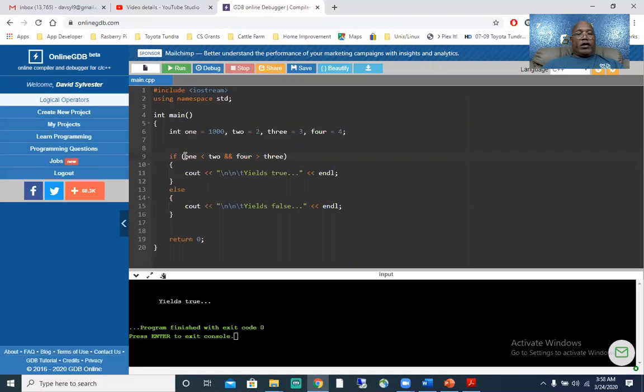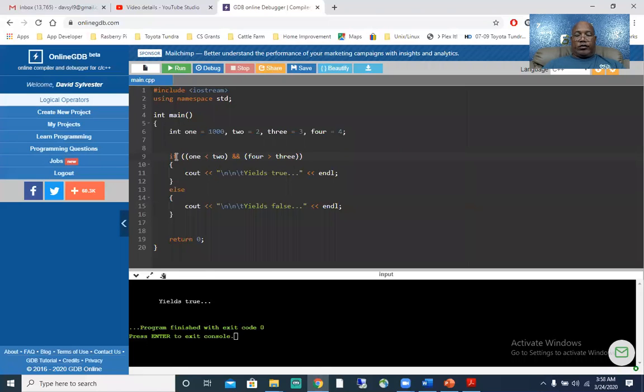If we're somewhat confused, we can always put our parentheses around our expressions here. But if you notice, I would still need to have my outer open and close parentheses to enclose everything within that if.